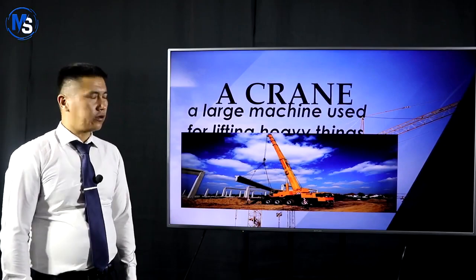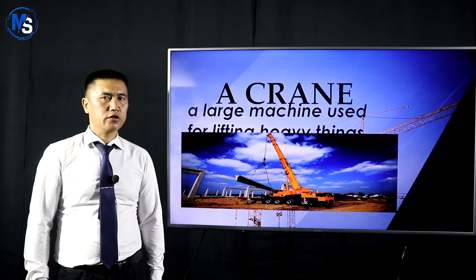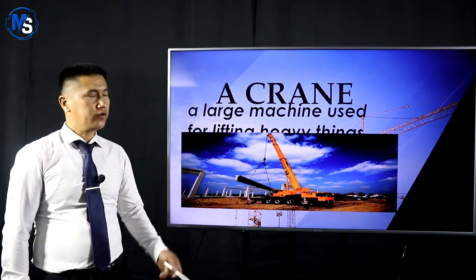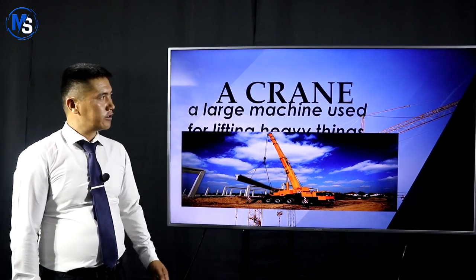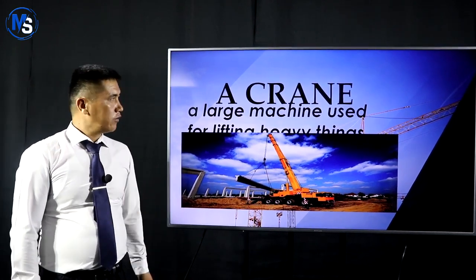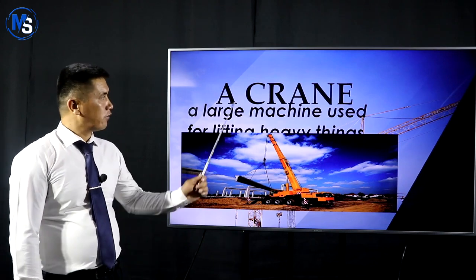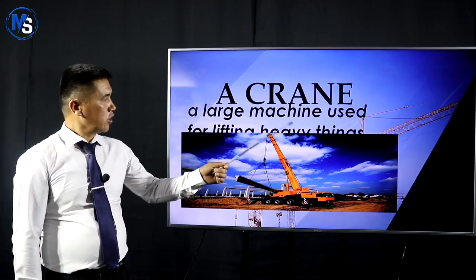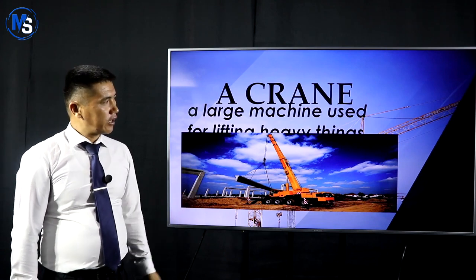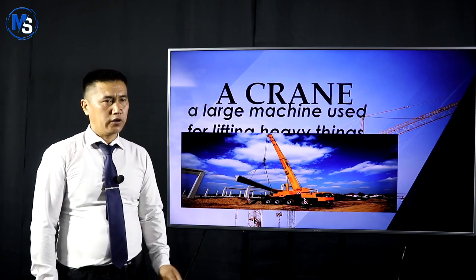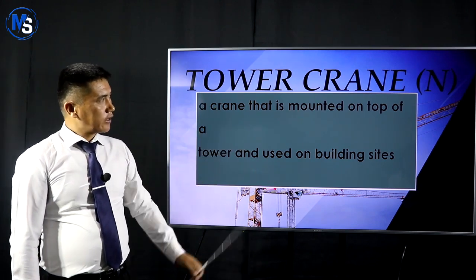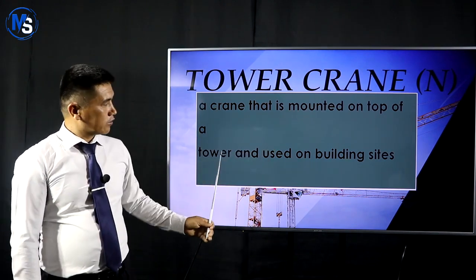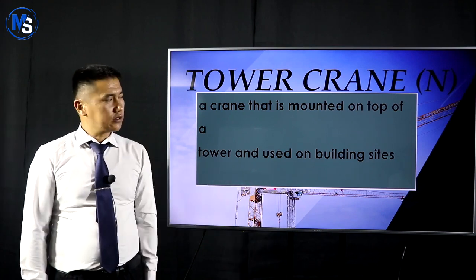We will continue with the vocabulary of parts and types of cranes. The first word is crane. A crane is a large machine used for lifting heavy things. Okay, the next, tower crane. A crane that is mounted on the top of a tower and used on building sites.